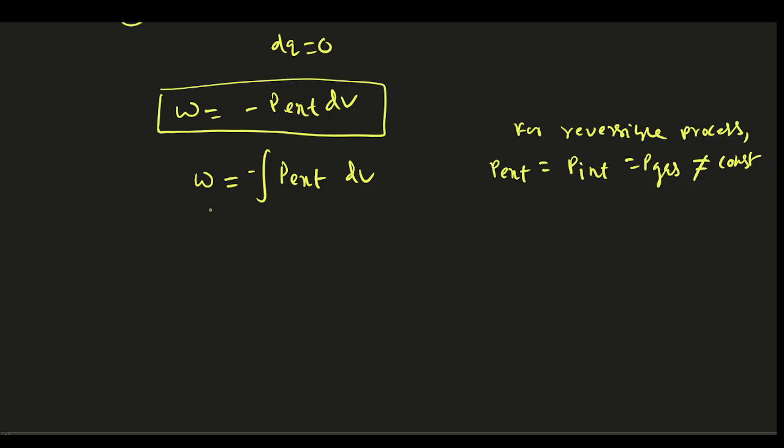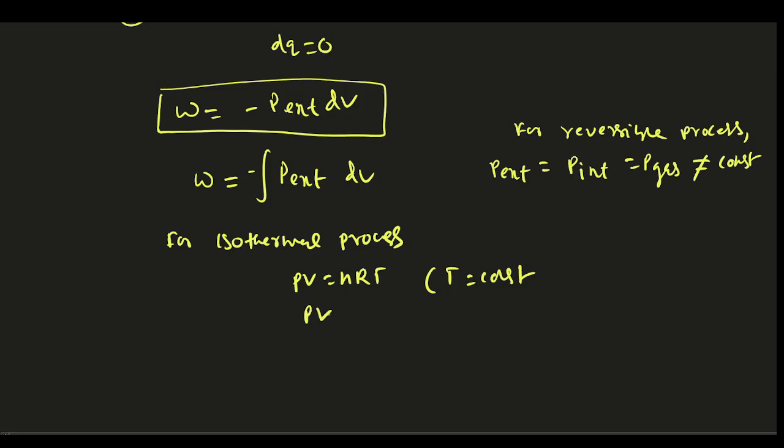So what we did for the isothermal process: PV equals nRT. Since T is constant for isothermal, n is constant and R is constant, we used to say P1V1 equals P2V2 equals constant. We were assuming that for the isothermal process.